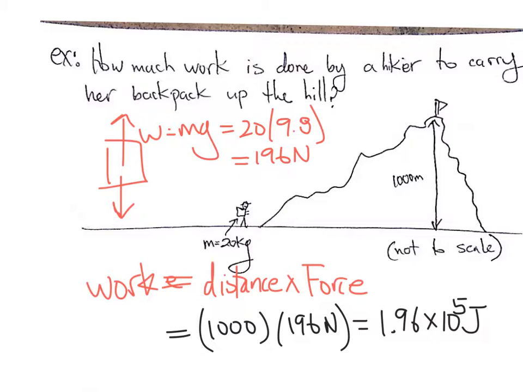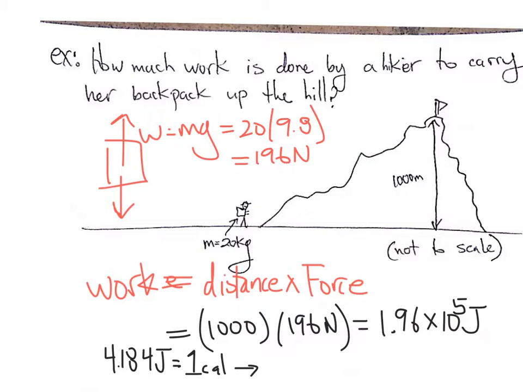So if we compare, I think I have some conversions. It turns out that 4.184 joules is equal to 1 calorie. And when we talk about food calories, it's actually a kilocalorie. So we could take these numbers if you're like, hey, how much does she have to eat to fuel her to the top of that mountain?